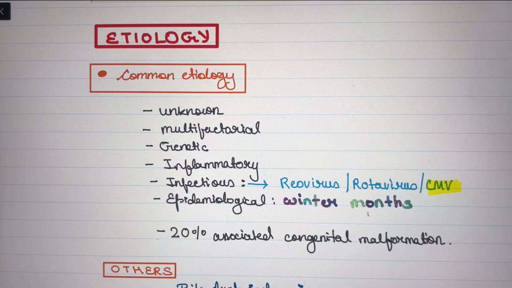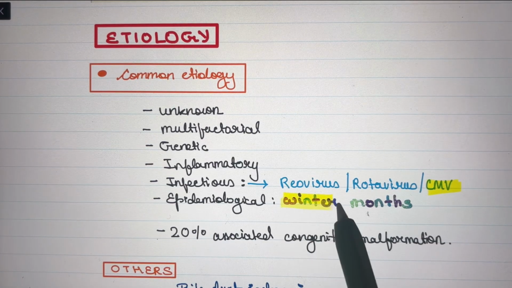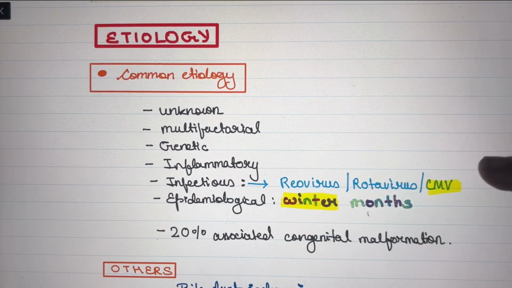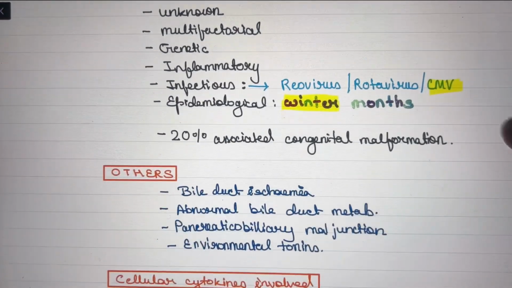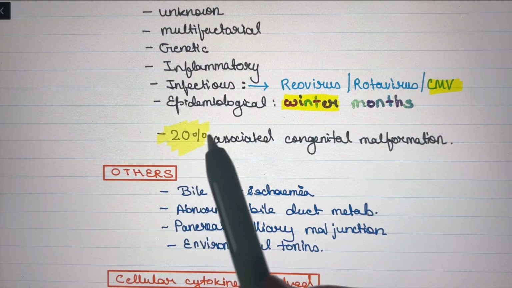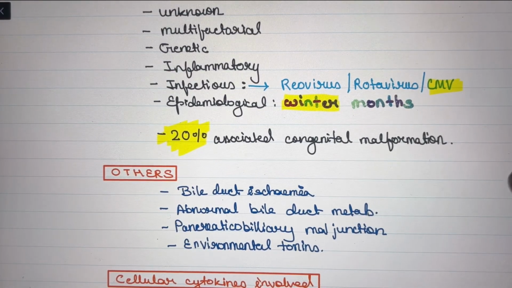These infections might cause biliary atresia, and it is more common in the winter months, might be because these infections are more common during the winter season. And 20% of patients with biliary atresia are associated with congenital malformations.